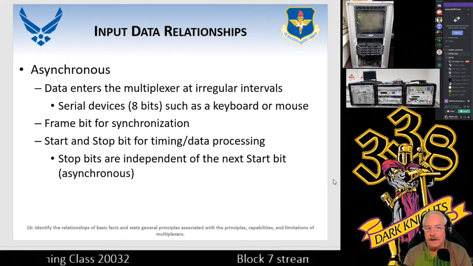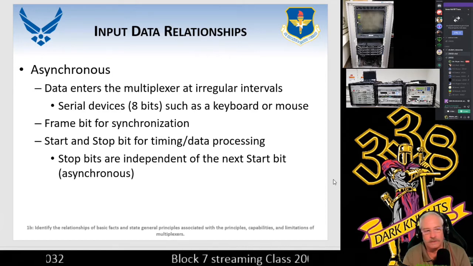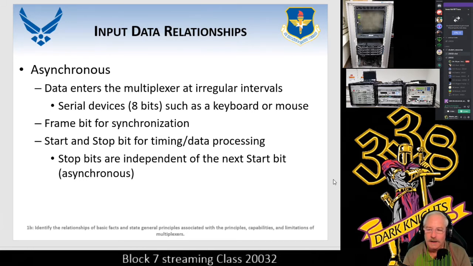We have something called asynchronous. This is where the multiplexer is going to send stuff out at irregular intervals. Now, what does that mean? Well, if you've got a multiplexer and you have, let's just say, 100 users on it, are all 100 users going to send data at the same time?